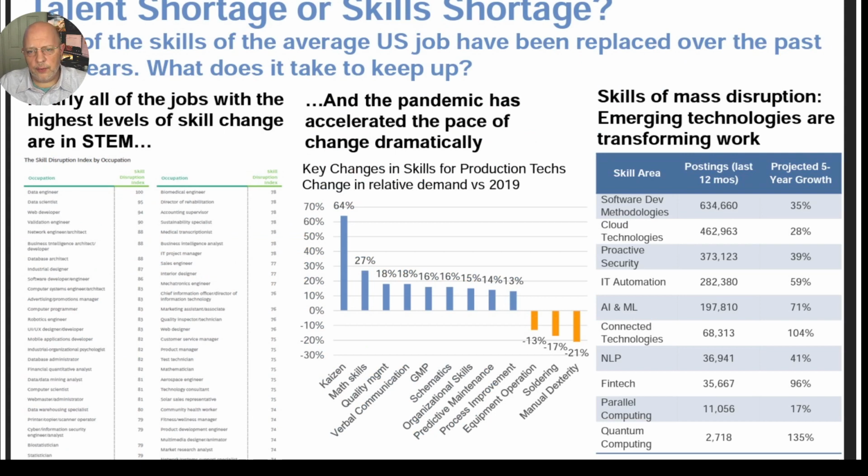Also, when I was looking for some additional resources, this is from the Burning Glass Institute, I want to mention one particular thing right here in the middle, this 64% Kaizen. I've taken a lot of classes in a lot of different places. And it's funny because you talk about a lot of these computer classes and these management classes and these MIS classes. And here's one thing that I don't think I've ever learned in a class.